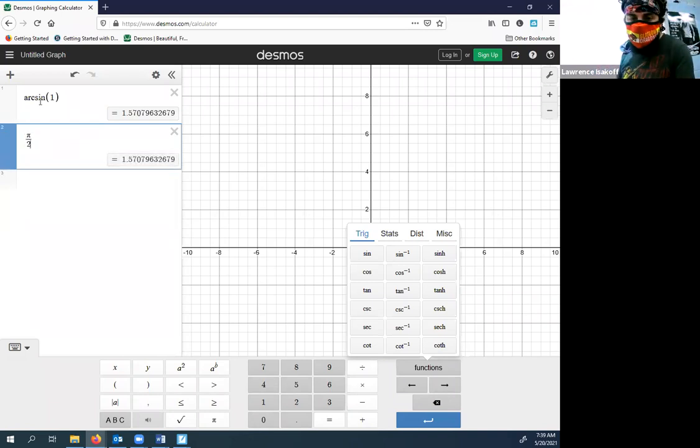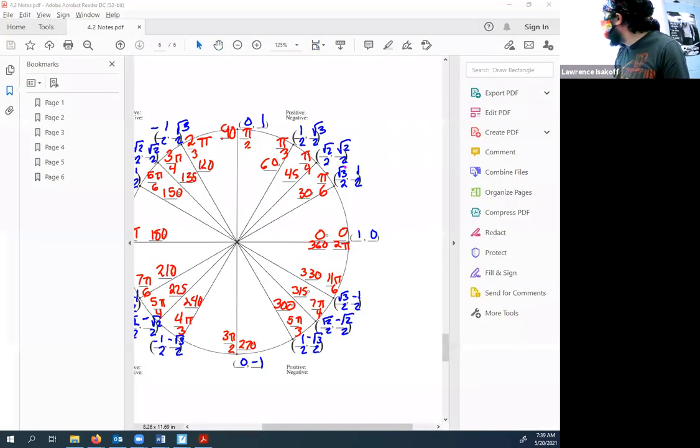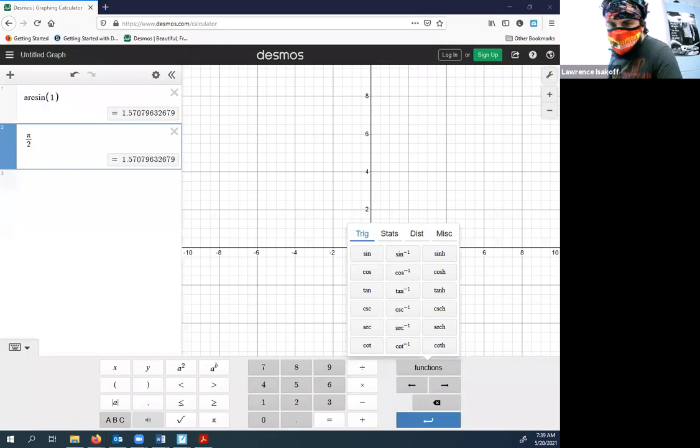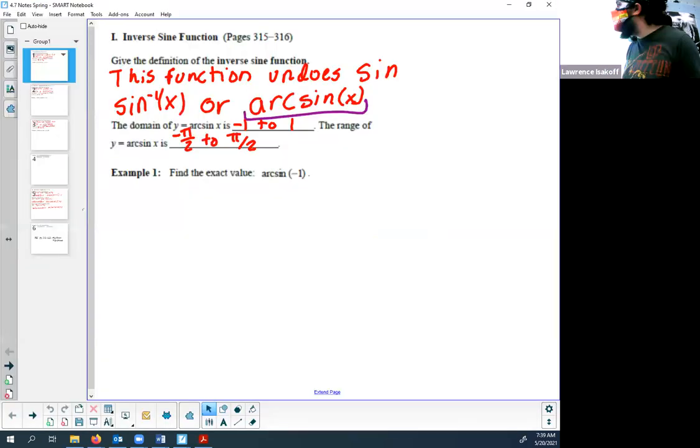So the unit circle is going to be helpful for this as well. Let me pull up my filled in unit circle from the 2.2 notes. Desmos will let you type in arc sine, or it will also let you type in sine to the -1.